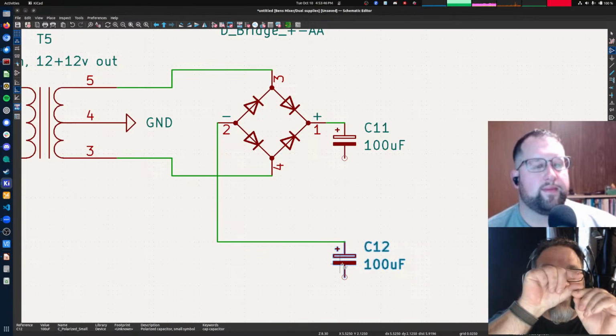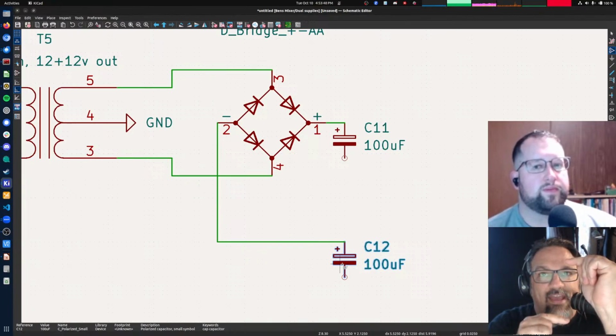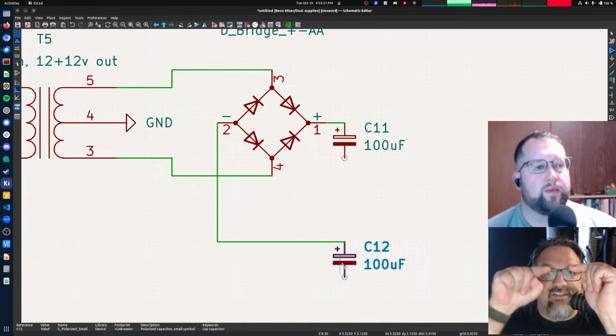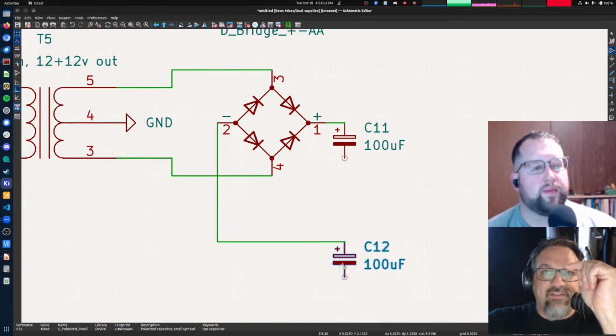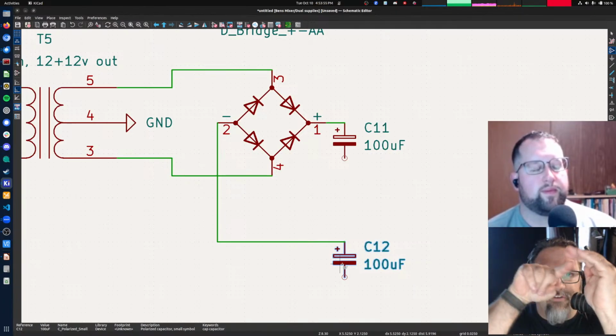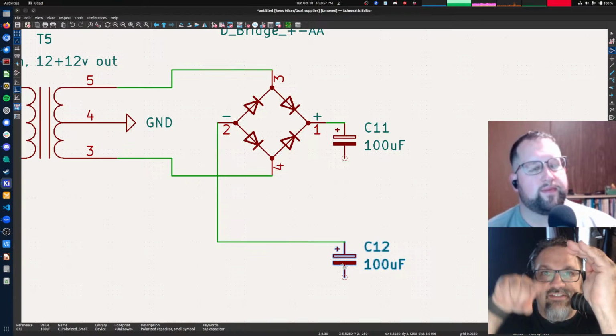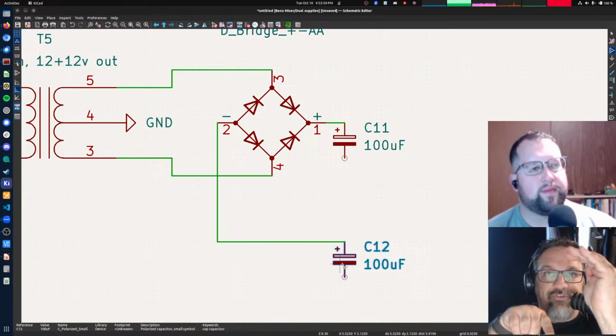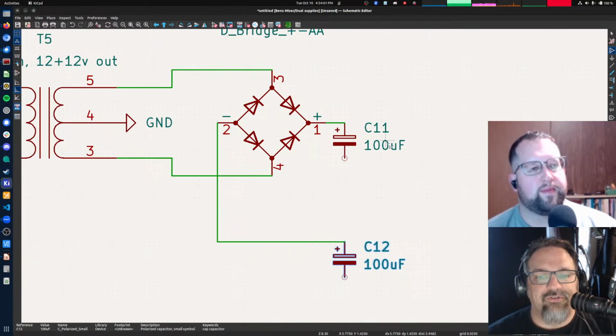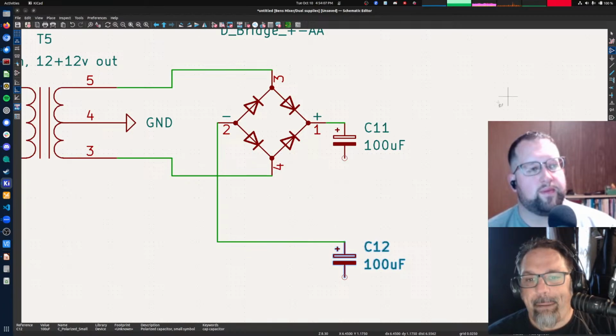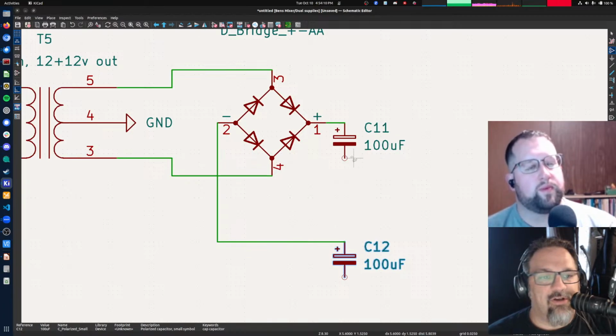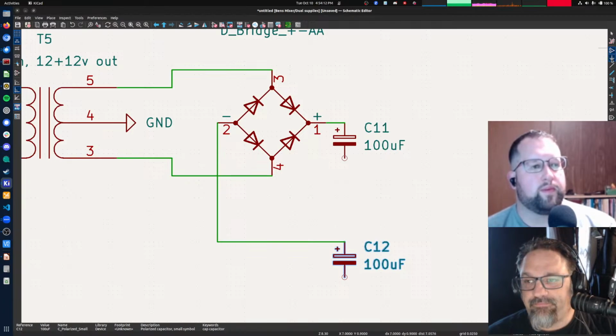Now it's going to make it relatively consistent. It's still going to have a little bit of wobble at the top, but you've gotten rid of all of that down to 0 voltage ranges. Those 100 microfarad capacitors are going to flatten out that AC signal. At least they're going to go a long way toward doing that.